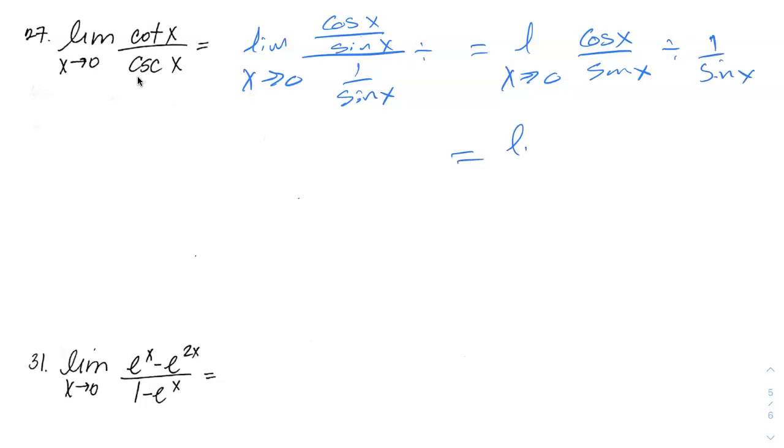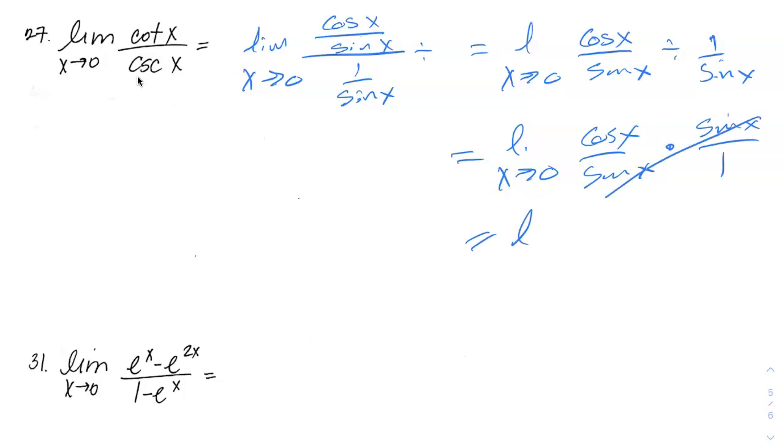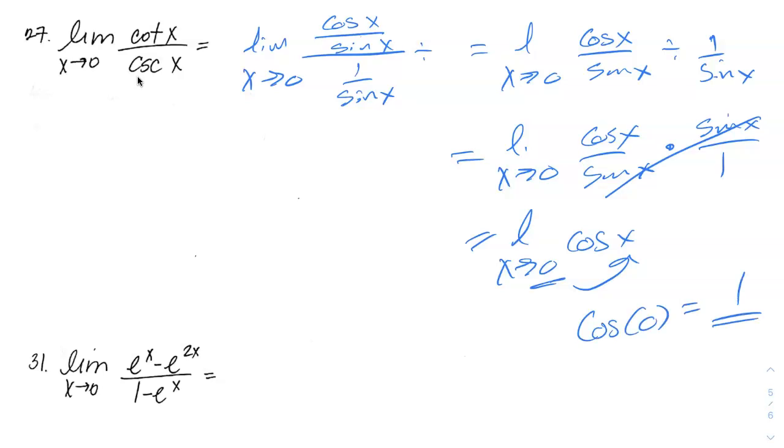And we know that by now. That means cosine x over sine of x times the reciprocal. Sines cancel, so this is the same as the limit as x approaches 0 of cosine of x. Plug in 0. Cosine of 0 is 1.